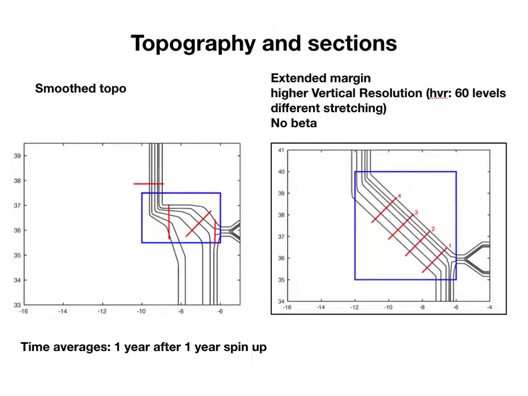For this one, we also have a higher vertical resolution case with 60 levels and different stretching so that we have much finer resolution close to the bottom, and a no beta case. Most of the time we are going to be referring to time averages, and these concern the second year of a 2-year simulation.